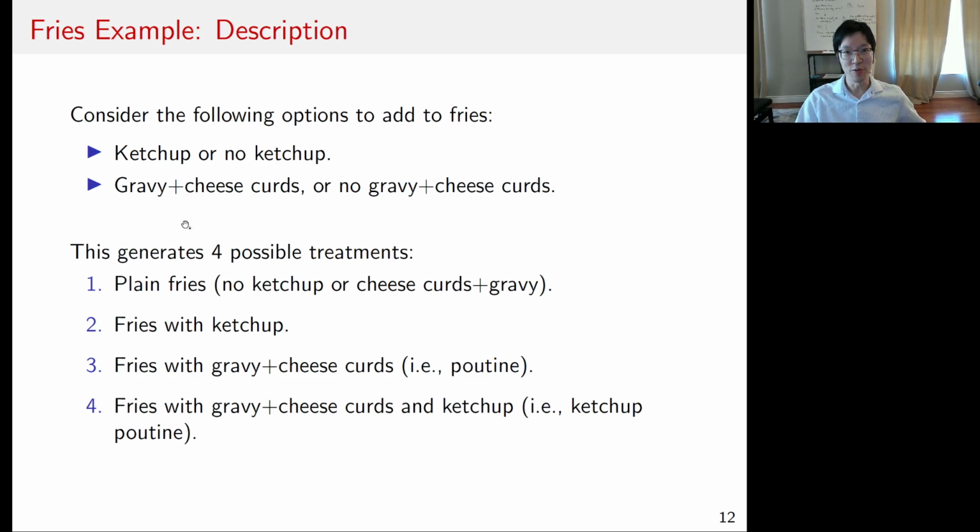And so if you do gravy and cheese but no ketchup, then that's usually what we call also known as poutine. And finally, I don't know what to call this last one, because generally I haven't usually seen people put both ketchup and gravy and cheese together on fries. So let's call that ketchup poutine.